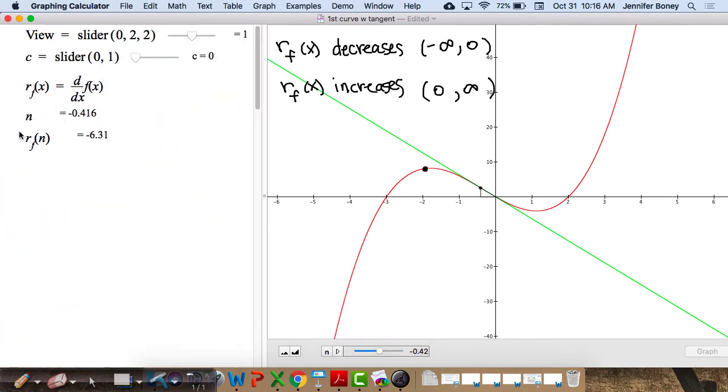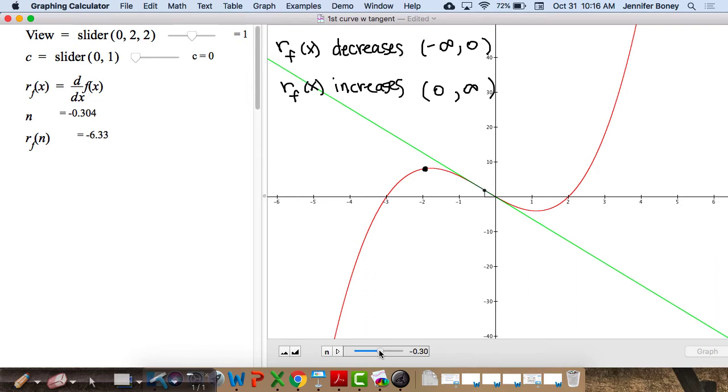So here's a list of what the rate values were. It says r sub f of n right now. I'm not going to write over top of it again. But if I'm looking at this, at this spot, the rate is negative, which should make sense. It's about negative 6.3. If I go just a little bit to the right, negative 6.32, that's more negative.